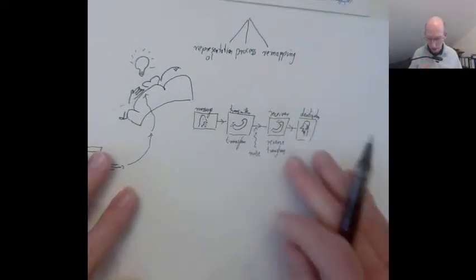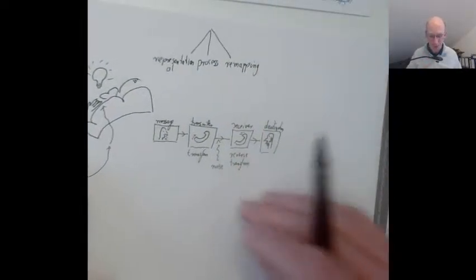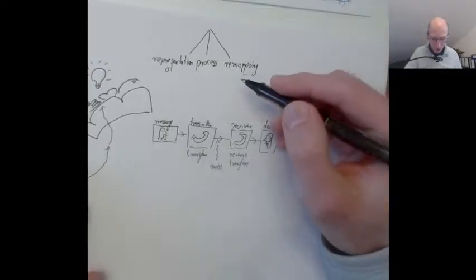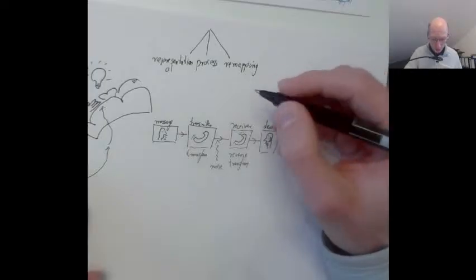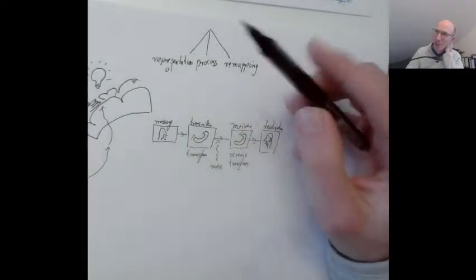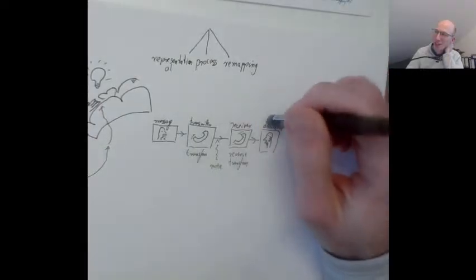Good. Then what about the remapping? The remapping, how can I try to put this into a graph? That's not so easy.